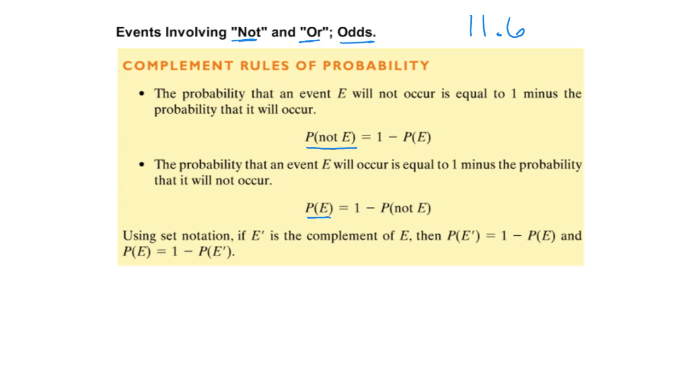They're just solved for different items, whether it's not the event or the event. Another way you can look at this is to say the probability of the event plus the probability of not the event is equal to 1.